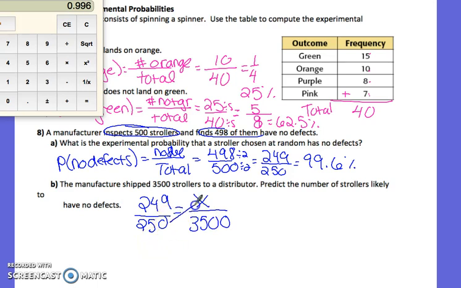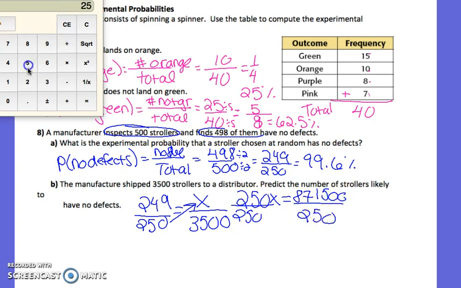So let's cross multiply. So you'd have 250x equals 249 times 3,500 is 871,500. Divide by 250.